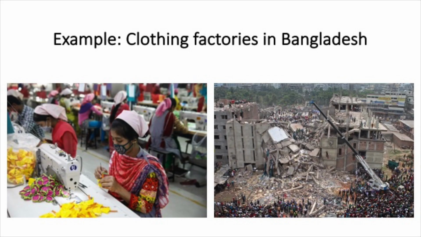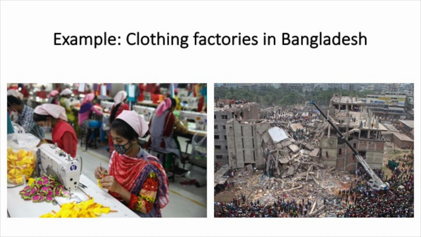One example that we're going to talk about this week in class is clothing factories in Bangladesh. A lot of clothing factories exist in Bangladesh and other economically similar countries that provide product to Western brands, the ones that I mentioned before, the Targets, the Walmarts, the department stores.